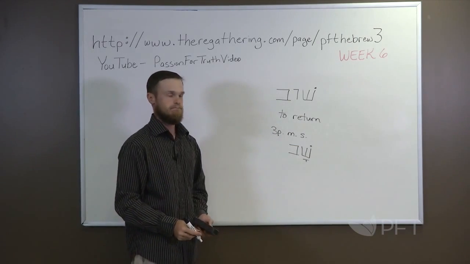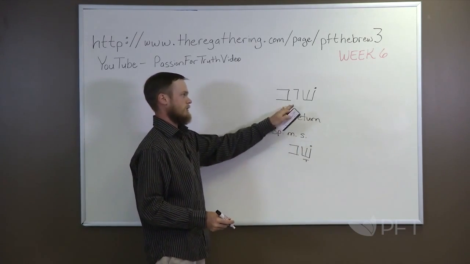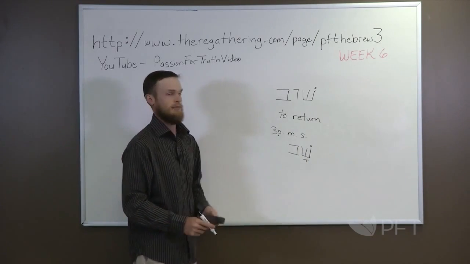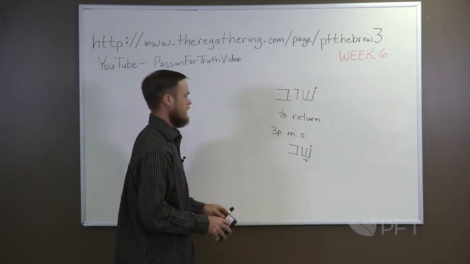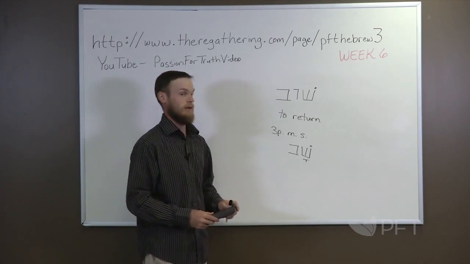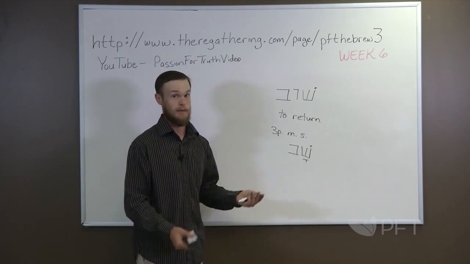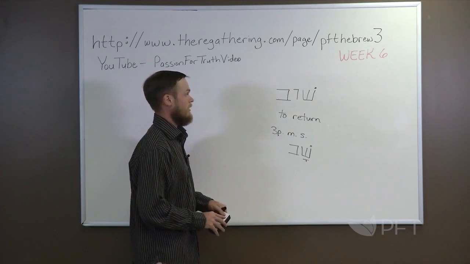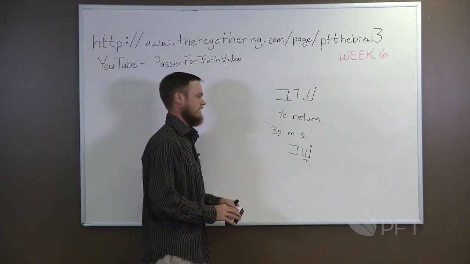So the past tense, third person masculine singular conjugation of to return is shav. He returned is shav. And if you want to go further with that, write out the different conjugations and attach the corresponding pronouns. That would be a great exercise for remembering how this all works and getting into the swing of things.